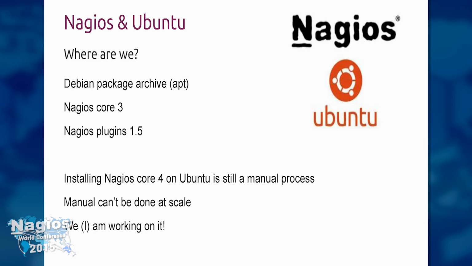So I did promise to do Nagios Core 4. If you noticed on the demo, it was 3.1. That's because the Nagios charm only installs from the Debian archive.